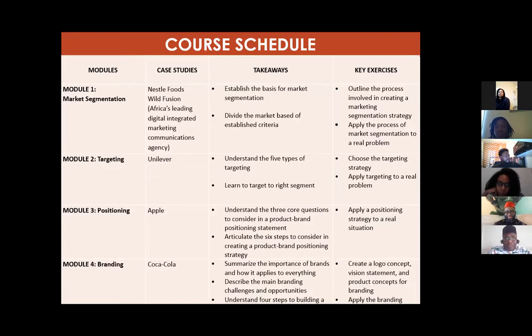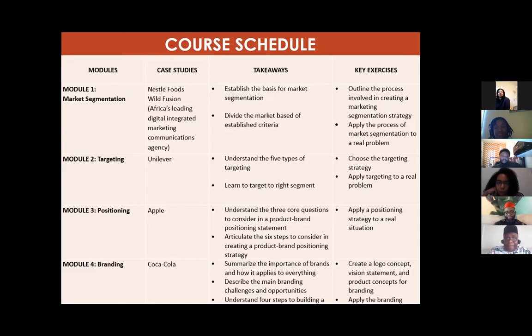Then the second is targeting. The third module is positioning, and the fourth module is branding. Now, before I get into all of this, I have to ask my students what they understand by marketing, and then we can talk about business and marketing, and then how to segment markets. What do we do when we segment markets? And how do we segment markets?